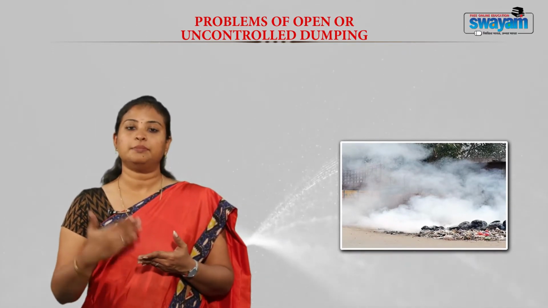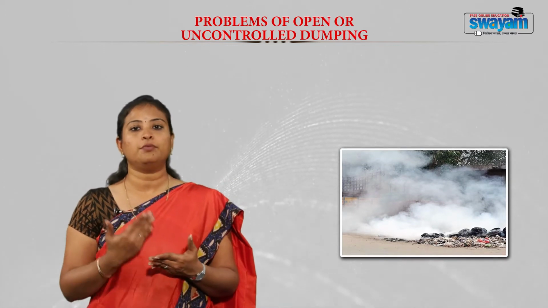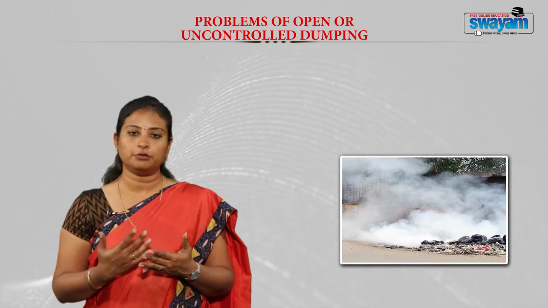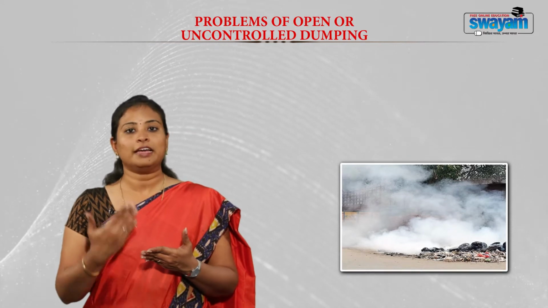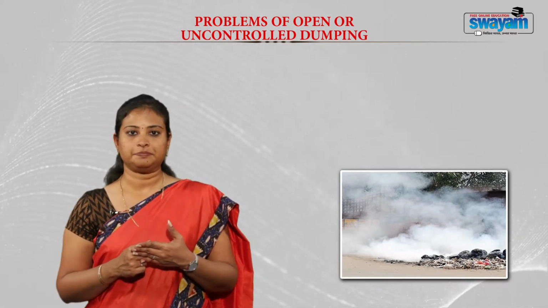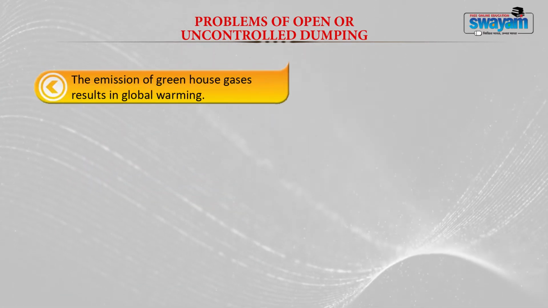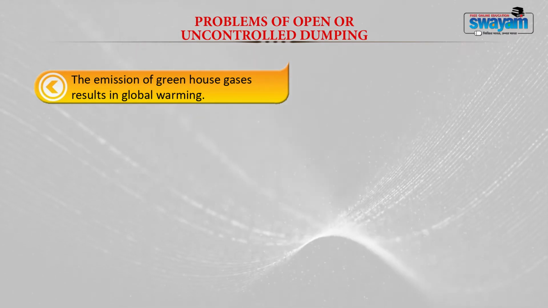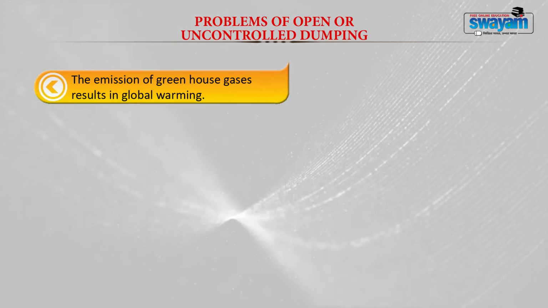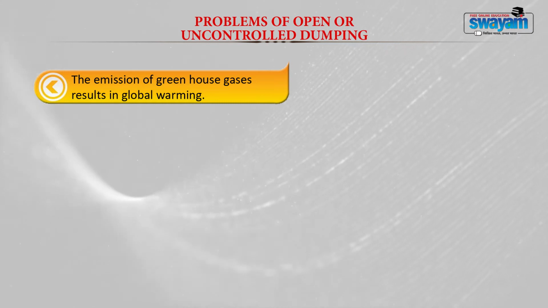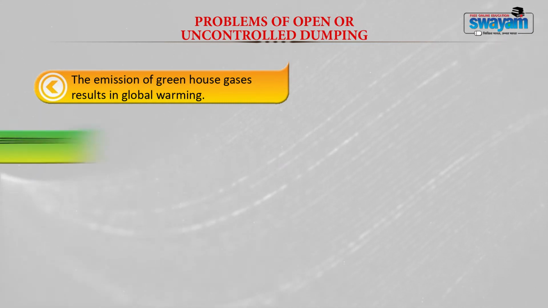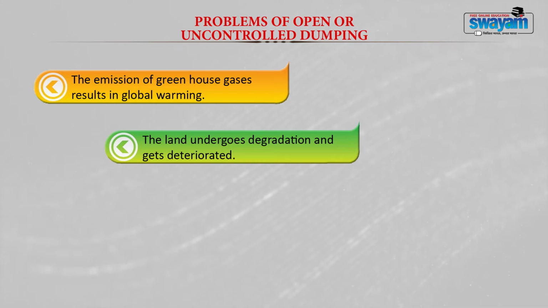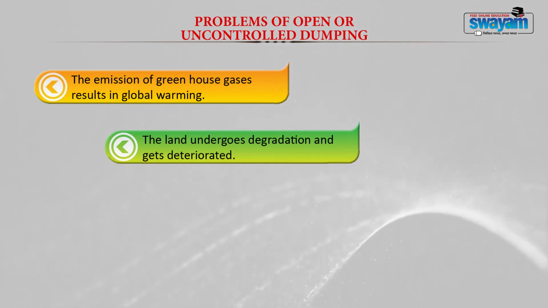These gases again can be carbon dioxide, methane or volatile organic carbons, which are produced during the bacterial or microbial degradation of the waste material. The gases produced, like carbon dioxide and methane, are all greenhouse gases because they have a global warming potential.